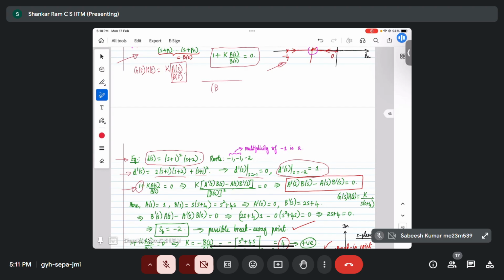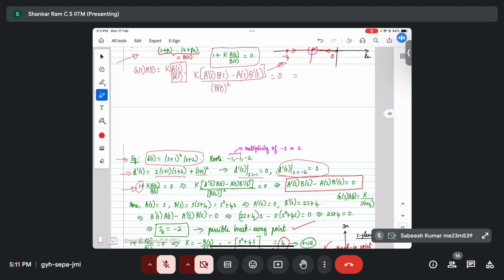We write the denominator squared, and in the numerator, we differentiate the numerator multiplied by the denominator, minus the numerator multiplied by the derivative of the denominator.